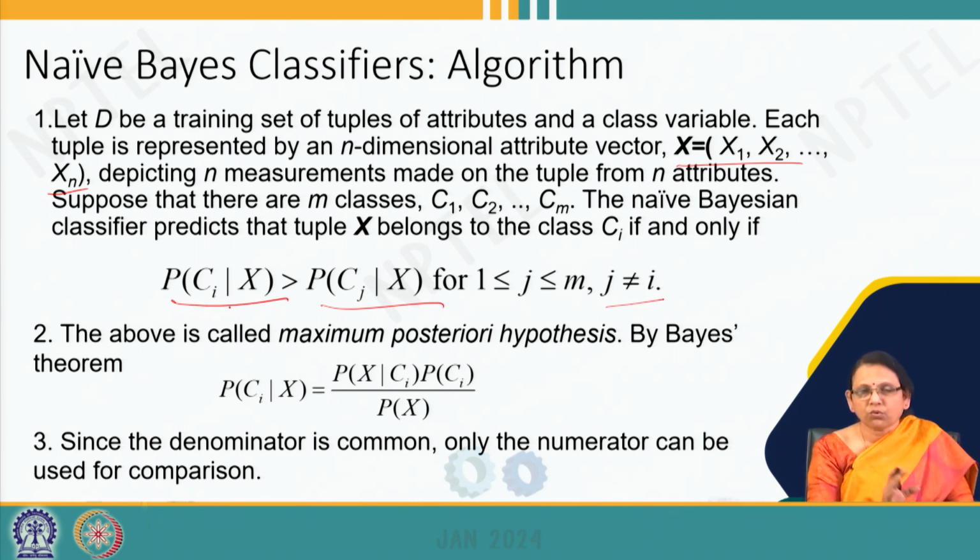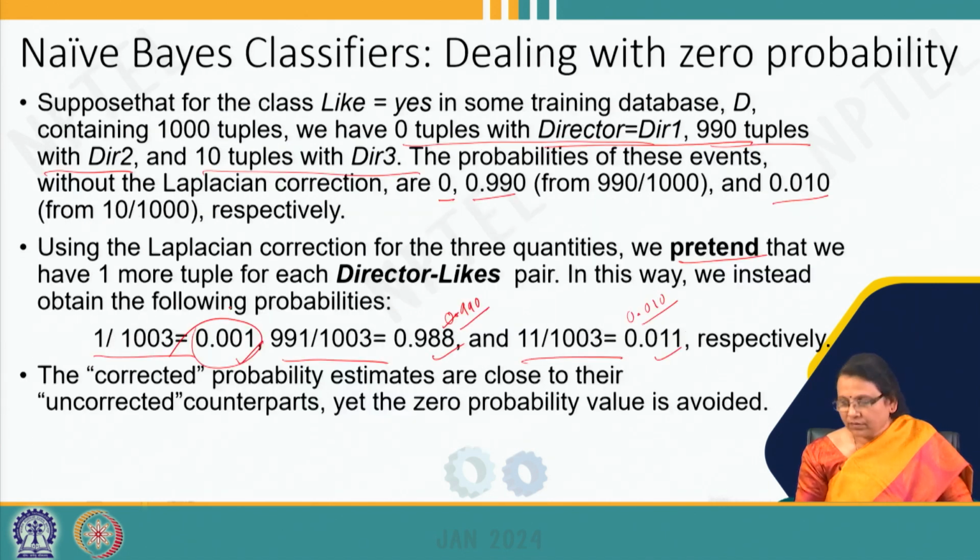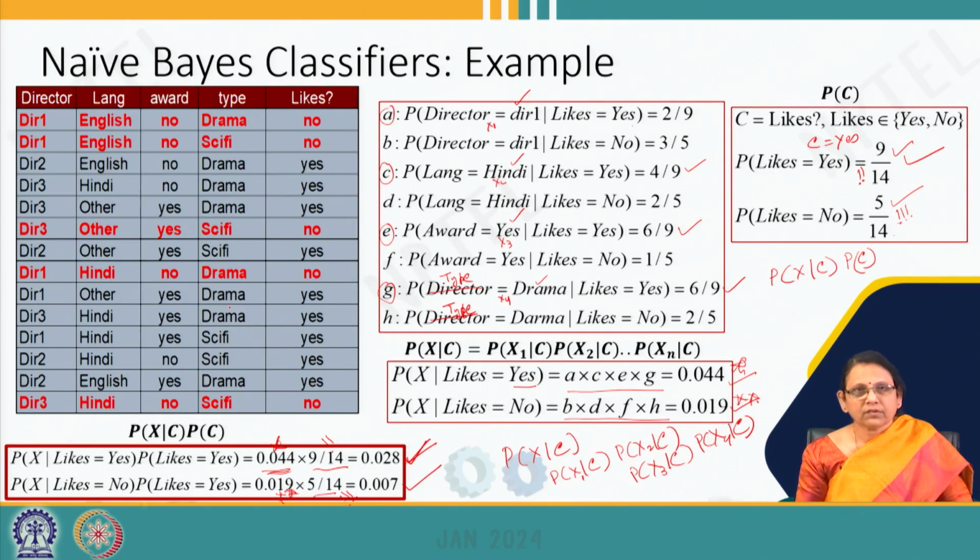Whichever has the highest probability, we will predict that as our recommended class, with certain high probability. So in our example, what was that recommended class? Our recommended class was yes. Okay, so this was our recommended class.